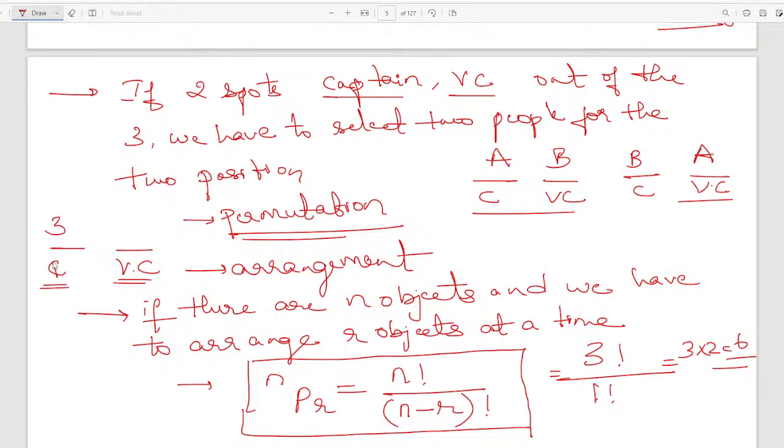And once the captain is decided, there are only two people left for vice captain. So this will be 2. You multiply this, 3 into 2, which is equal to 6. This is the slot method. Instead of using the formula, you can use the slots and calculate the values.